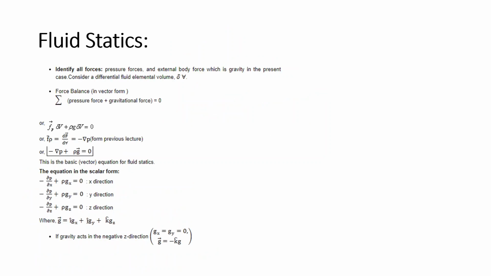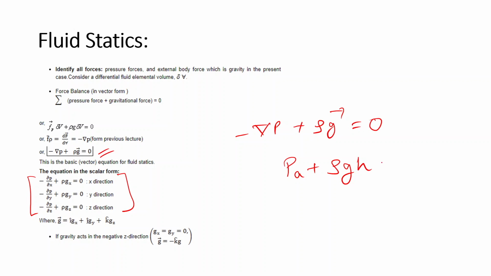Then in fluid statics, we studied this basic equation, that is minus del P plus rho g is equal to 0, which we can also write in terms of gradient as these three equations, which you can also integrate to find the pressure due to a fluid of height h as P is equal to rho g h.